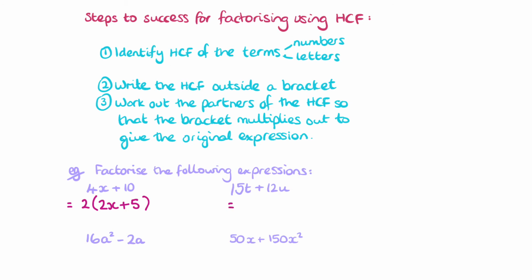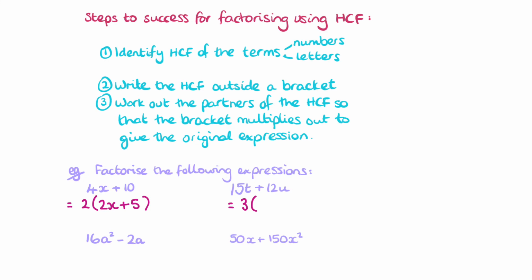Okay, next one. Step 1, highest common factor. So the largest number that goes into 15 and 12 is 3. Looking at the letters, there are no letters in common, so we don't have a letter as a common factor. So 3 times what is 15t?